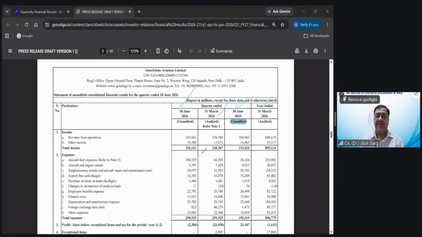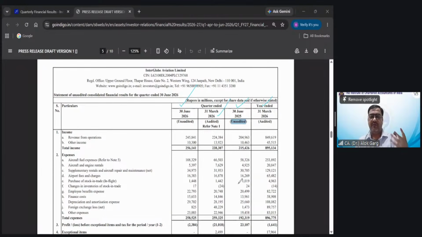But whether this P&L is a Schedule 3 P&L, I mean to say, a financial statement P&L, it is having 4 columns. No, a financial statement P&L generally has only 2 columns, right? Year-ended financial statements have 2 columns, but in the quarterly results, probably they also have 4 columns.